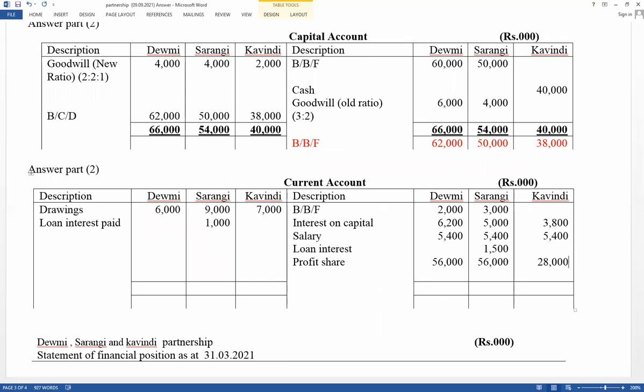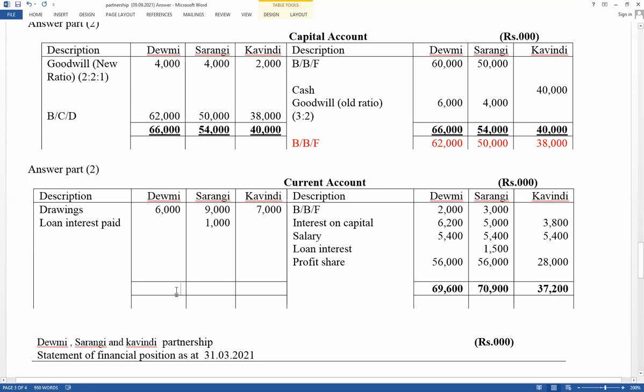Now take the current account balance. Credit side increase, take those values to the debit side, and the difference value as balance carried down. Devmini credit side total money equals 69,600, and Sarangi credit balance equals 70,900. Take credit side total value, and Kavind credit side total money equals 37,200.